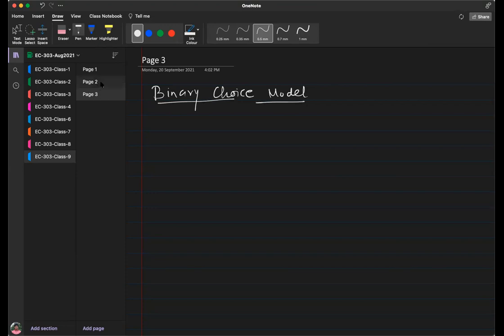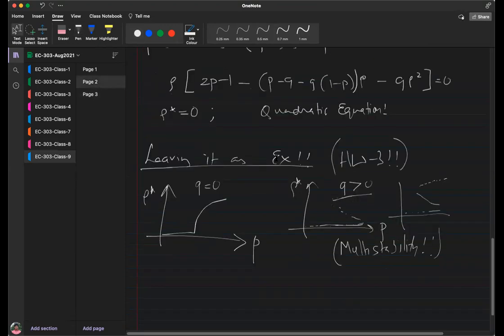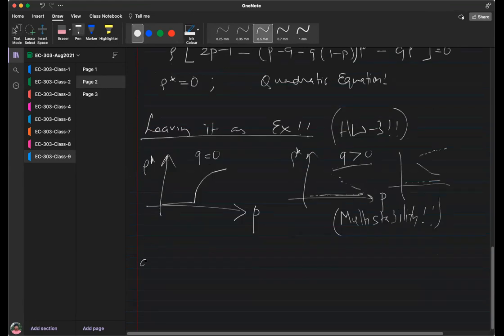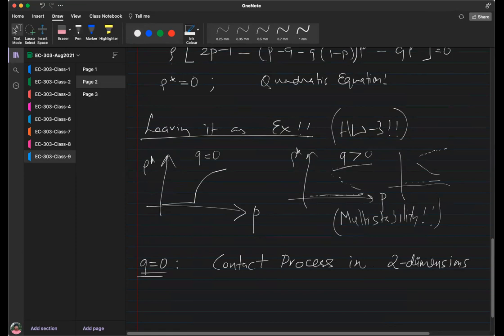By the way, let me just give you some terminology before I go forward. Okay, so this Q equal to 0 limit, I think I already did in the previous class, right? It's called contact process. I have been defining it in 2 dimensions, showing you with the pictures of 2 dimensions.